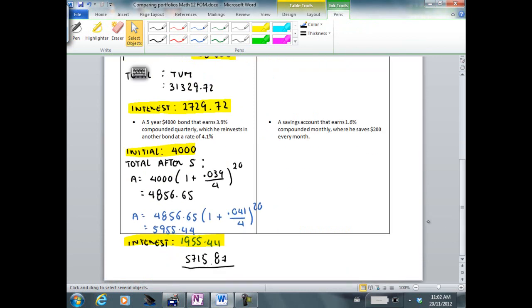So let's write this down, 34,600. And finally, you can get your rate of return. 16.5 percent is correct.